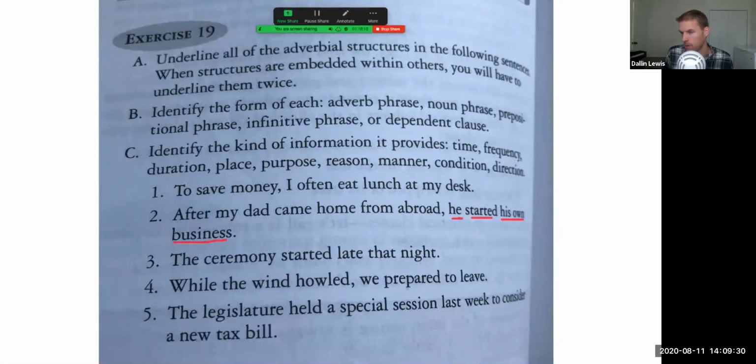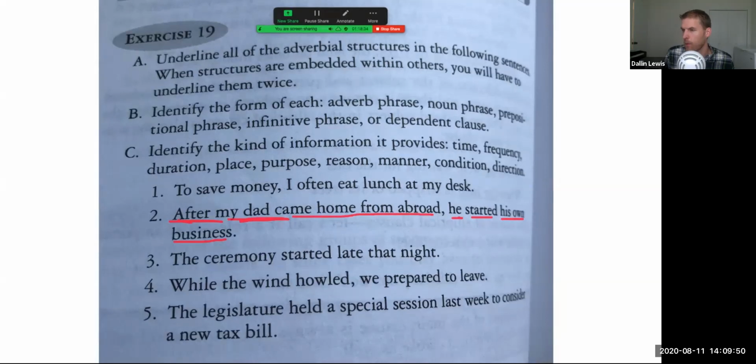So there's no adverbials here, but we have this dependent clause here at the start. After is a subordinating conjunction, and then we have the subject of that sentence, my dad, and then we have the rest of it here. Came home from abroad. From abroad is definitely an adverbial prepositional phrase.